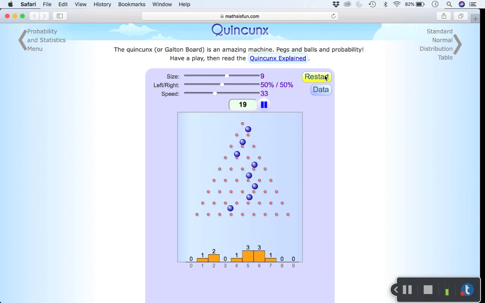And you can see here as my ping pong balls are dropping, it's plotting the results in this bar graph in terms of what slot the balls are dropping into. So I'm going to increase the speed of this just a little bit and we'll see what happens. Let's drop the speed way up here.